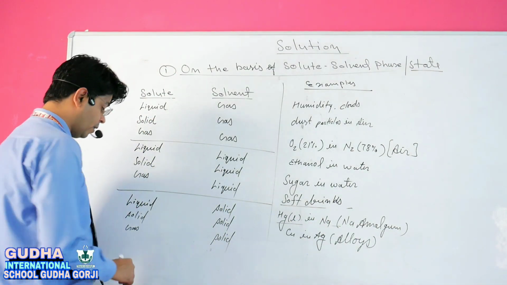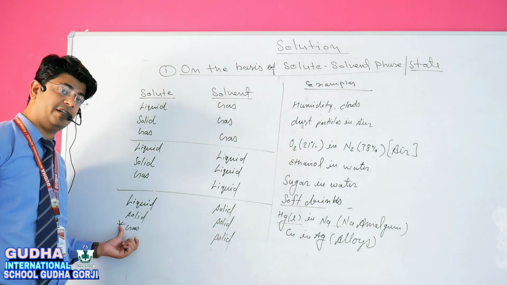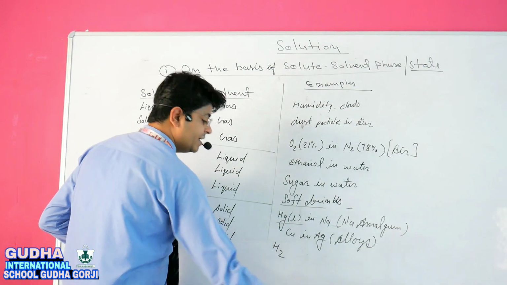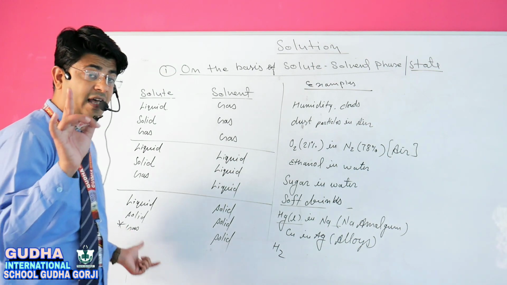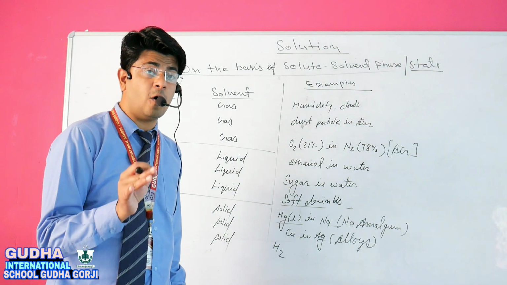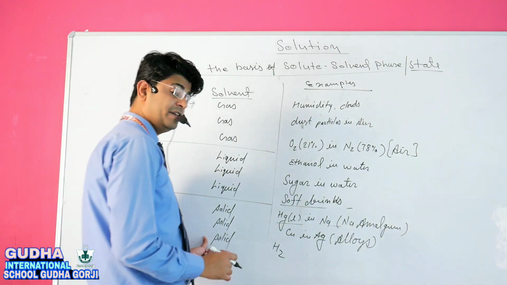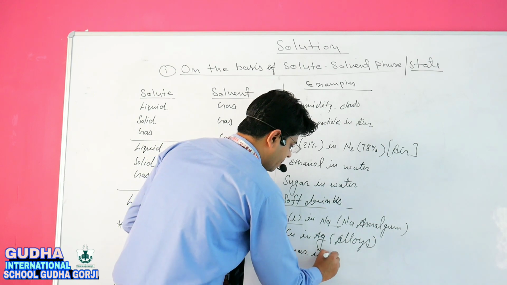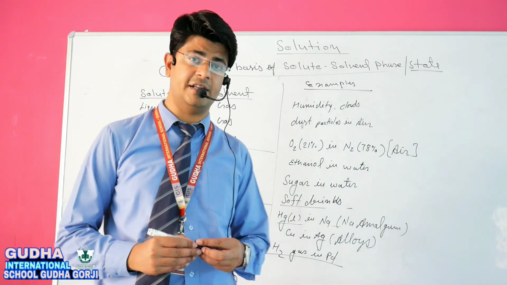Gas in the solid, very important kids. Last year in class 11th you studied that hydrogen gas is adsorbed, I did not say absorbed, I said adsorbed, in the solid which is palladium: hydrogen gas in palladium, interstitial hydrides, right kids?